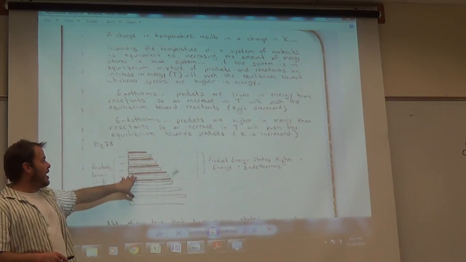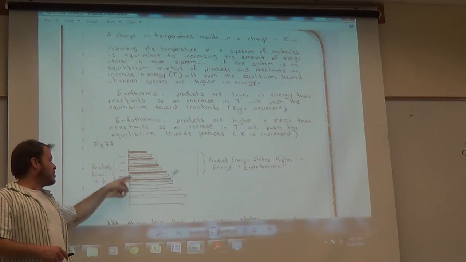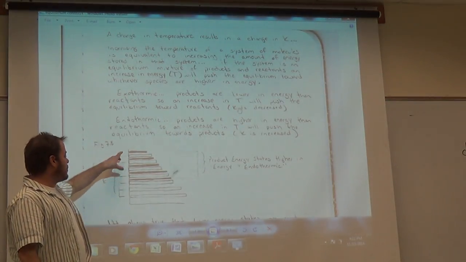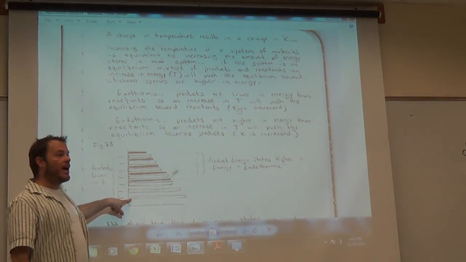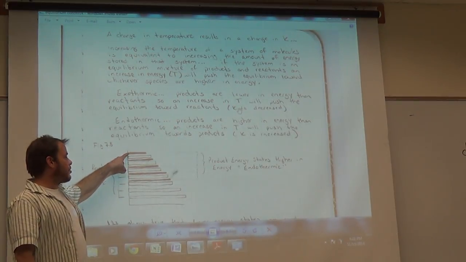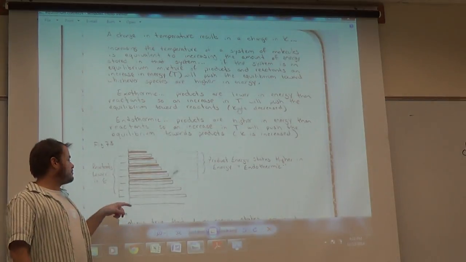So the species in black are the product molecules' energy states. The bars in white are the reactant molecules' energy states. As drawn, this represents an endothermic reaction because the relative energies of the product species are higher than the reactant species.